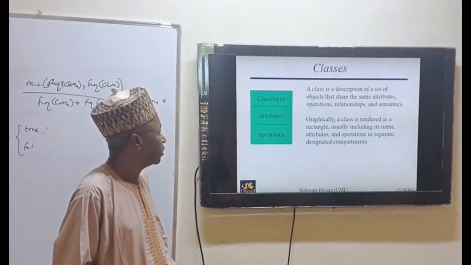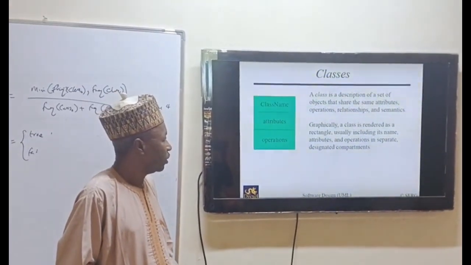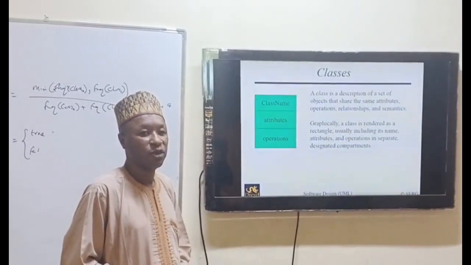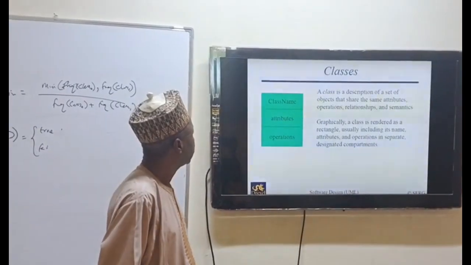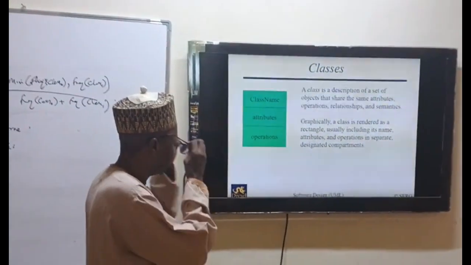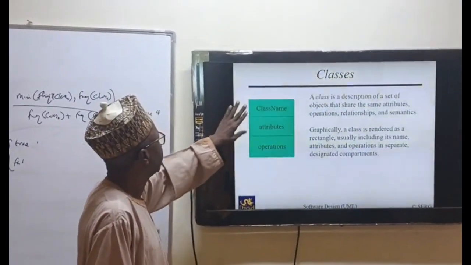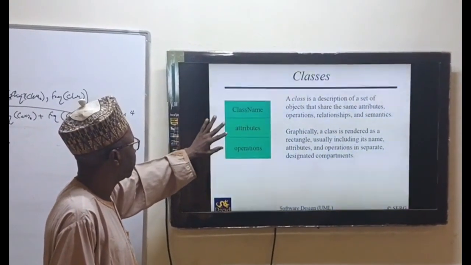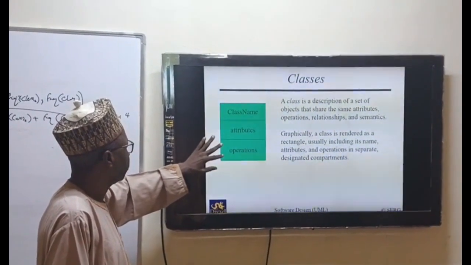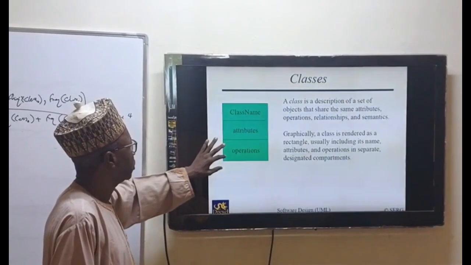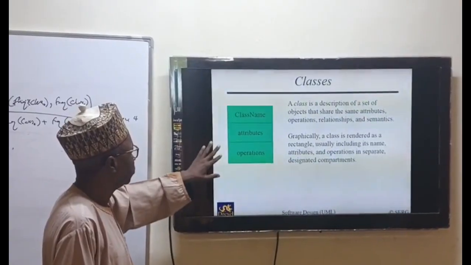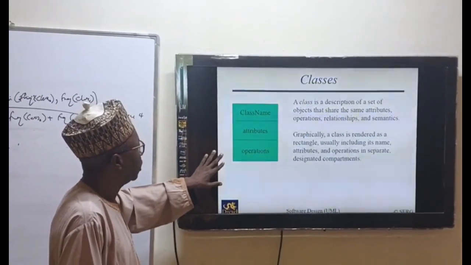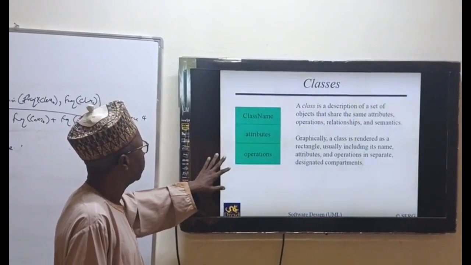And a class normally has three basic components that we can use in describing it, which are shown here. We can see we have three compartments in this rectangle. The first is the name of the class, the second is the attributes, and then the third one is operations that the class can perform. So this is the simplest way in which we can represent a class. So let's move to the next slide.